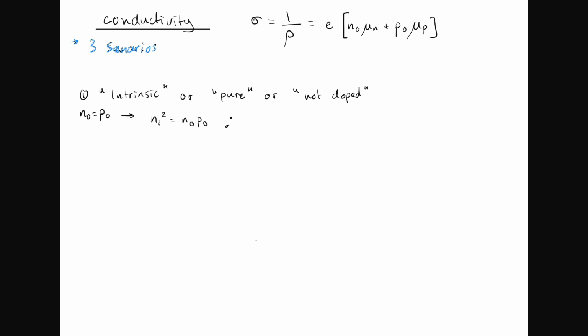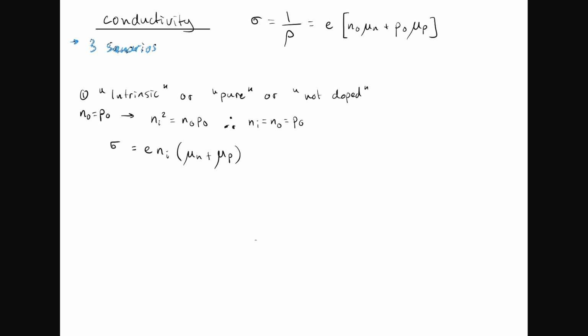So therefore, in this situation, ni equals n0 equals p0. And as a result of that, sigma ends up becoming e times the intrinsic concentration times mu n plus mu p, where this value, intrinsic concentration, again comes from the formula sheet, okay?